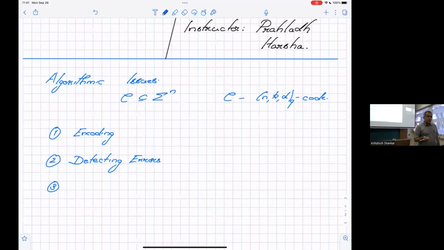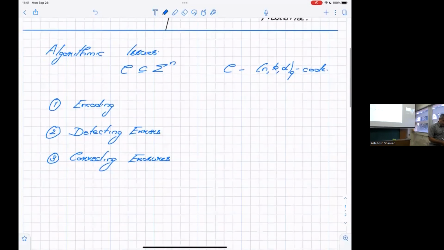The easier thing would be if the errors were actually erasures. What you know is something has got smudged out, but you know it has got smudged out, it's not like it has got a flip. So correcting erasures, and more generally, correcting errors.